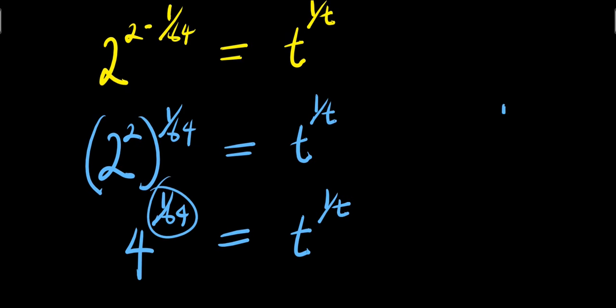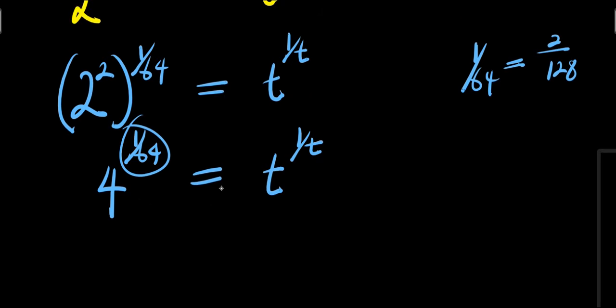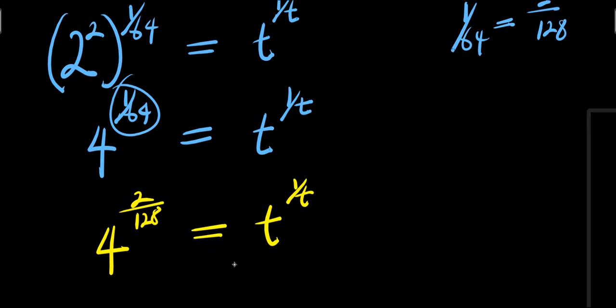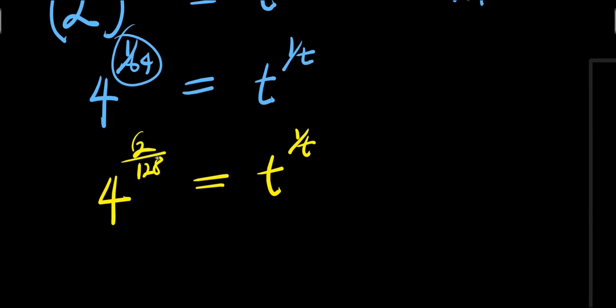1 over 64 is the same thing as 2 over 128. I have 4 power 2 over 128 equals t power 1 over t. I factor out 2.